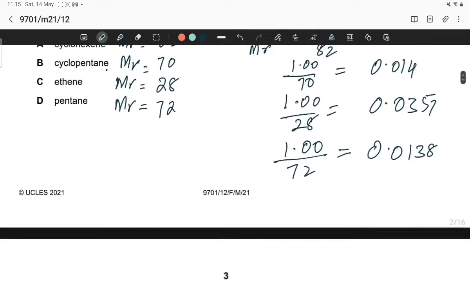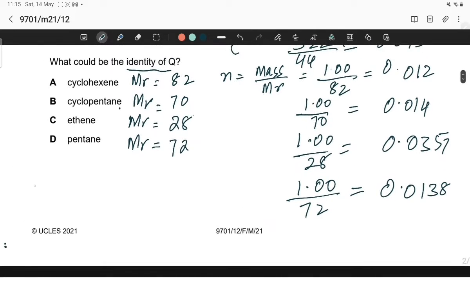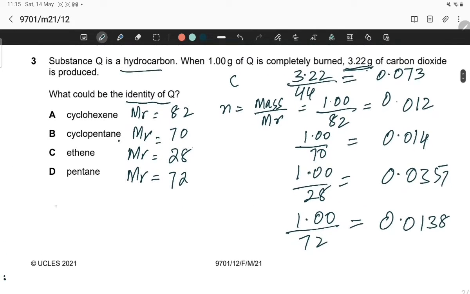So let's calculate. C6H12 plus oxygen to form carbon dioxide plus H2O.